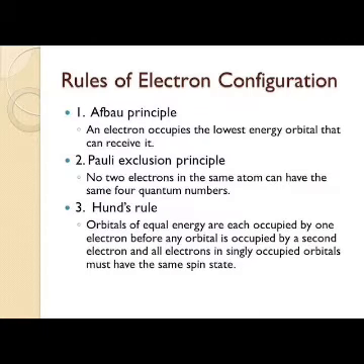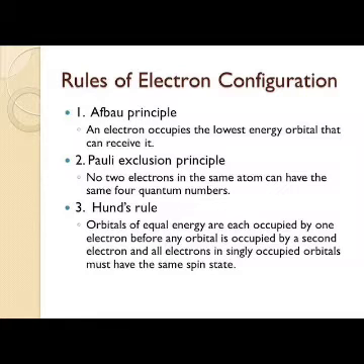So what are the rules for filling up of electrons in orbitals? When electrons are arranged in different orbitals in the lower energy state, it is known as the ground state level.